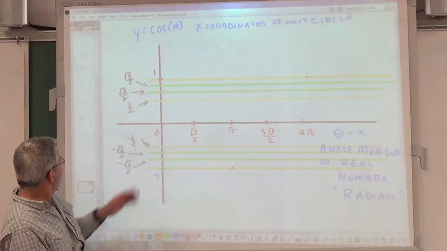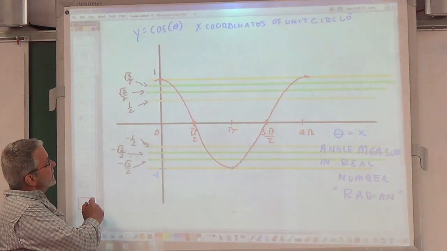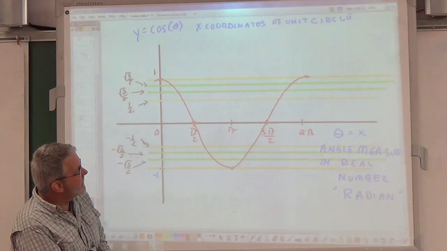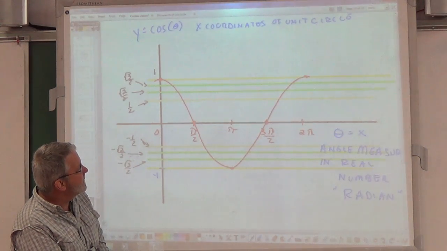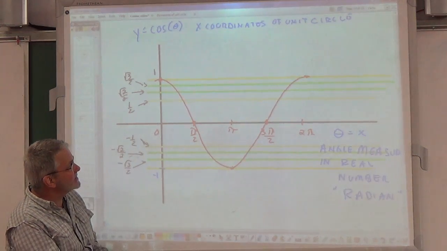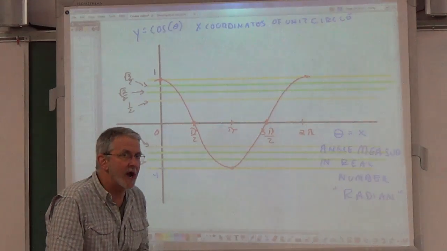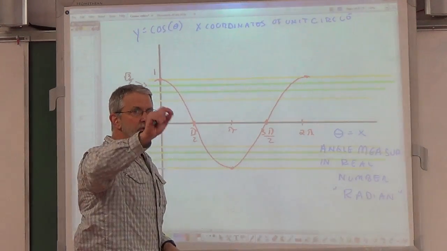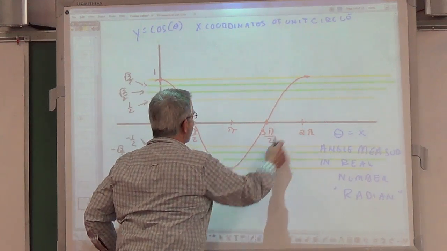And that's the graph of cosine for one time around the unit circle from 0 to 2 pi.